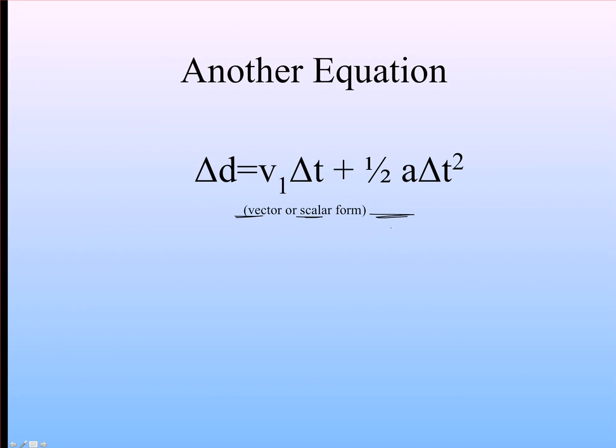This is another equation that will be useful, certainly. Your distance is equal to your initial speed times the time you traveled, plus 1/2 of your acceleration times time squared. This is also valid in vector form, with displacement equaling your initial velocity times time plus 1/2 of the acceleration times time squared.